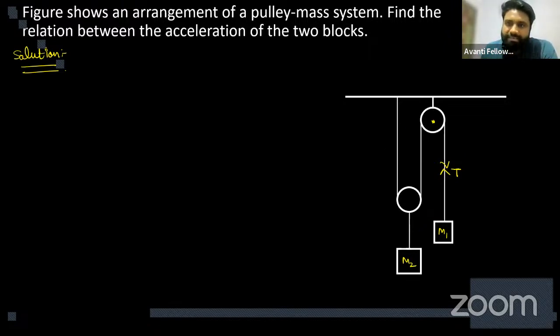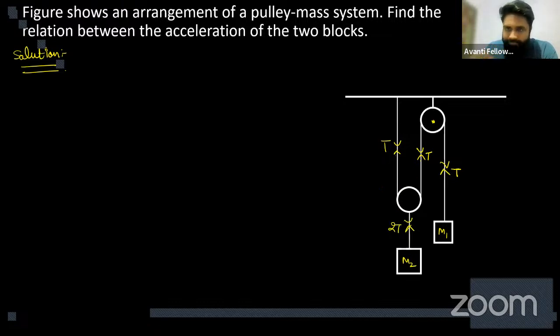Let's see. This string is going here, so the tension would be the same. Tension T would also be the same. Again, this is going this side, the same string, so tension would be the same. Look how simple this is. You will see that T and T will result in 2T.